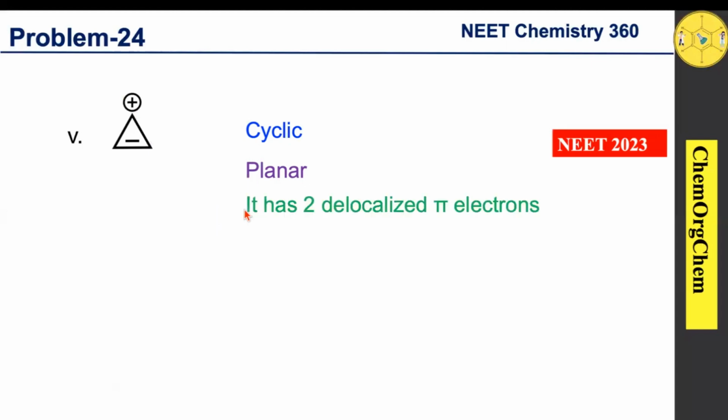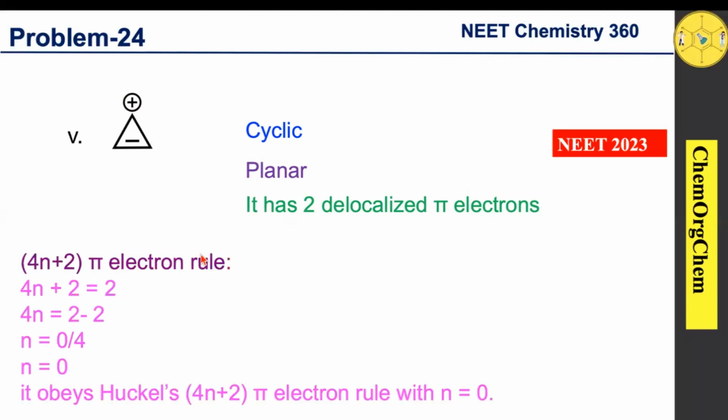Therefore, it has two delocalized pi electrons. Next, the 4n plus 2 pi electrons rule. We have 2 pi electrons from the double bond. Using Huckel's 4n plus 2 rule, this gives us n equal to 0, which means that this compound obeys the Huckel's 4n plus 2 pi electrons rule.